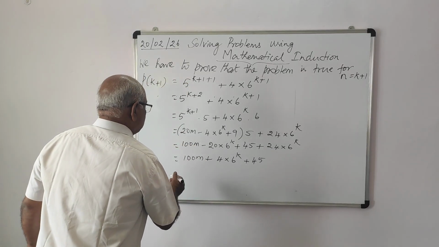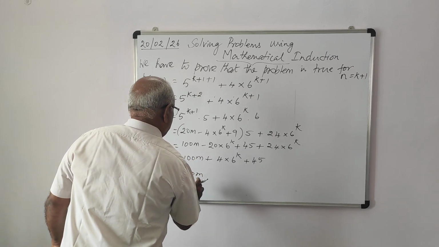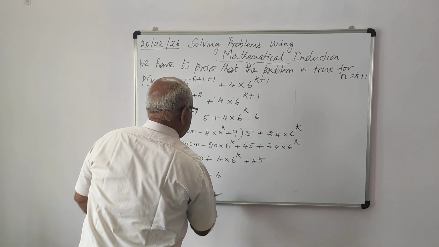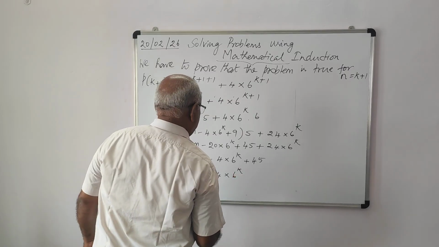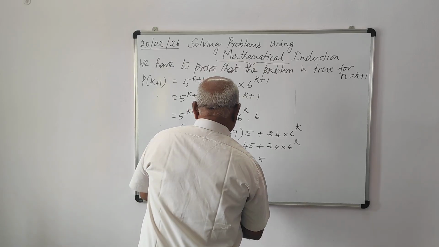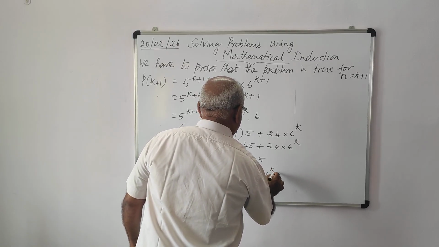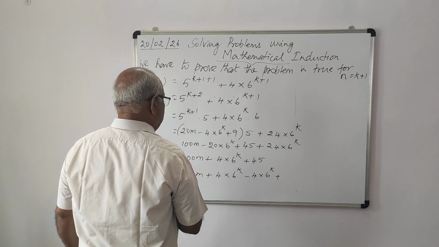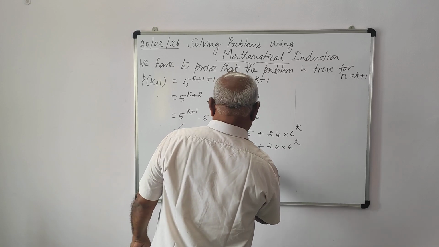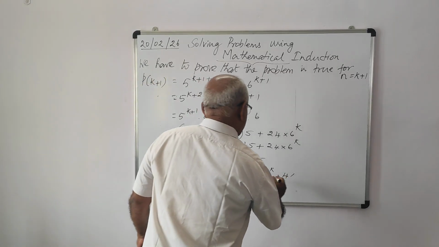Now, I am going to add plus 4 into 6 power k plus 45, you add and subtract 4 into 6 power k.